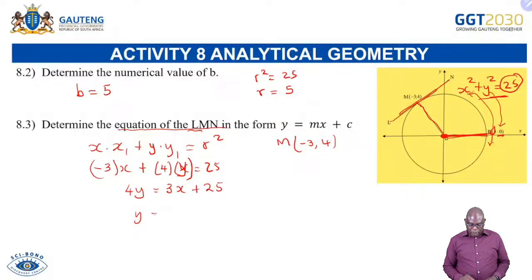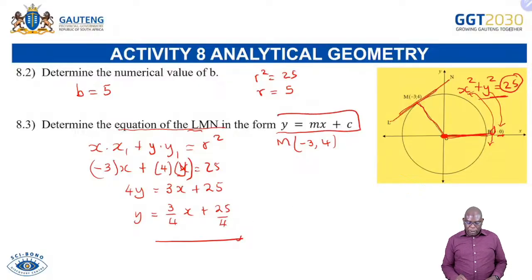Dividing by 4, we get 3 over 4 x plus 25 all over 4. That is the equation in the form y equals mx plus c. Even if I use the gradient, it will be 4 over minus 3, and the other one will be 3 over 4. So we'll be correct on this. Okay.